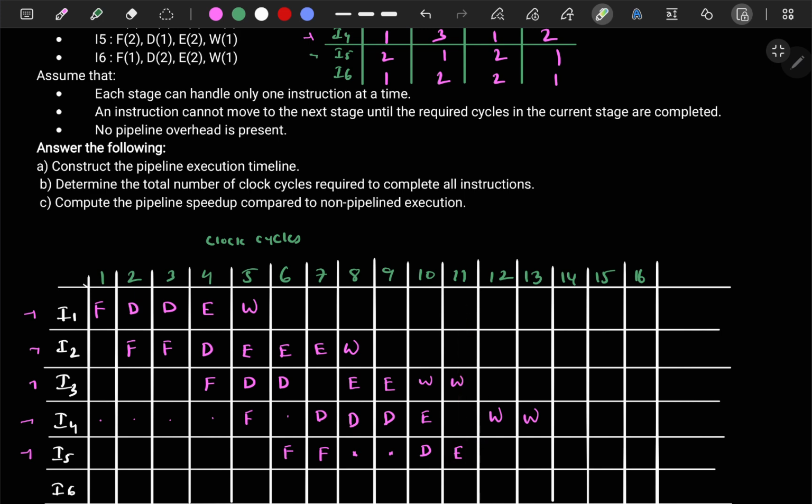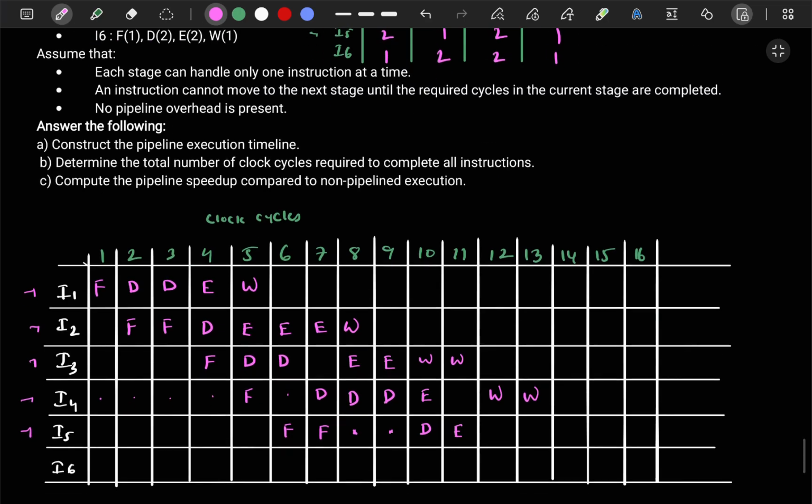If any one of them is utilizing it, you can't execute. You can't perform execution at the 11th clock cycle for I5 in that case, but here no one is utilizing that particular phase. That's why I am executing at the 11th clock cycle for I5. Now, coming back to the question.